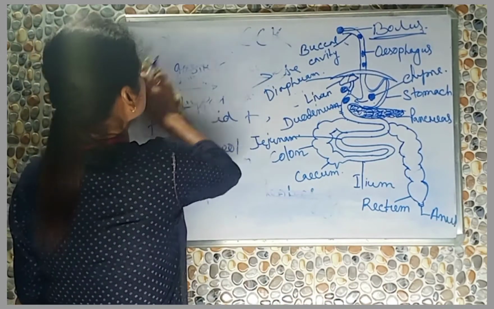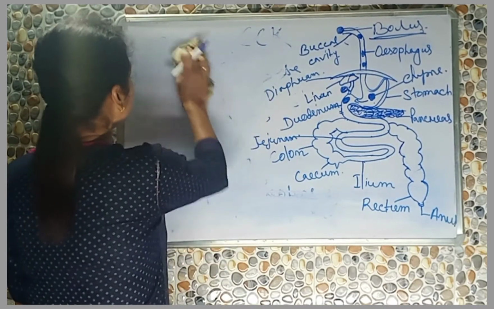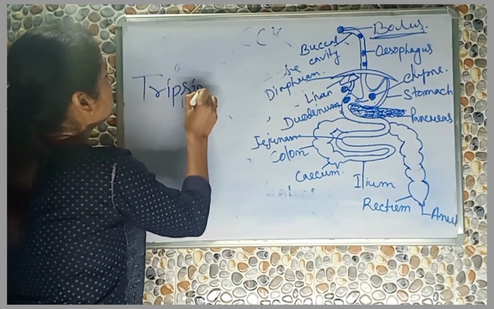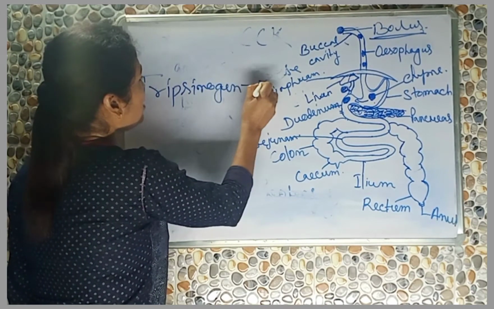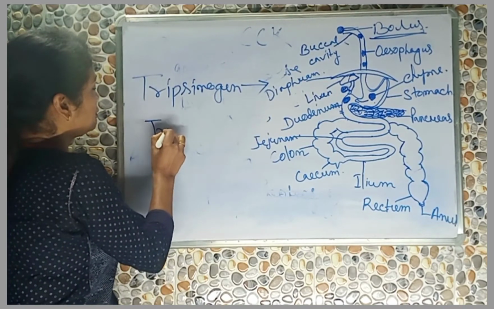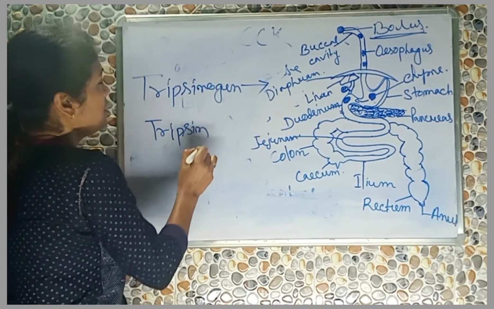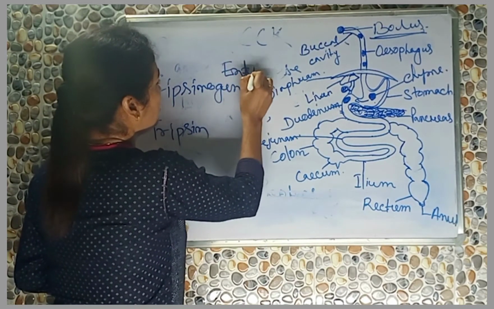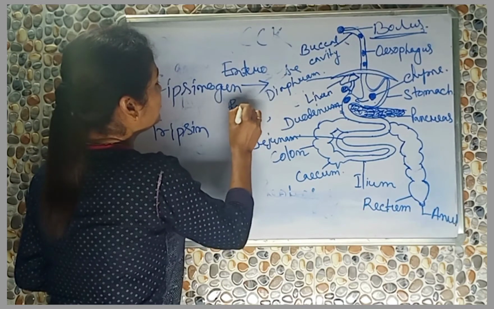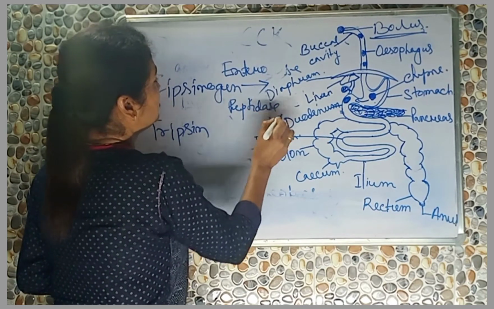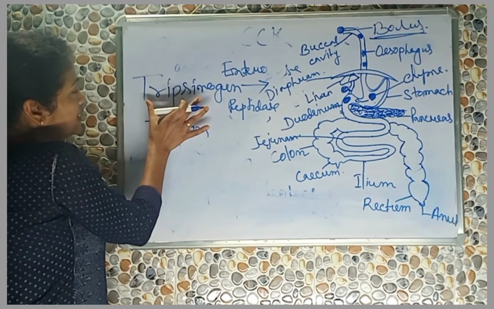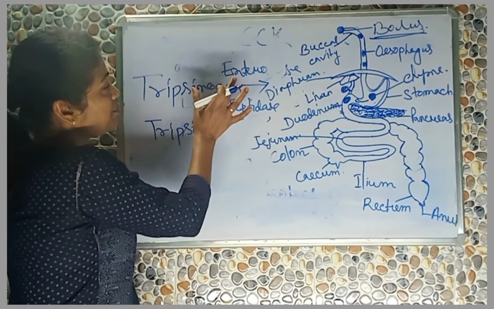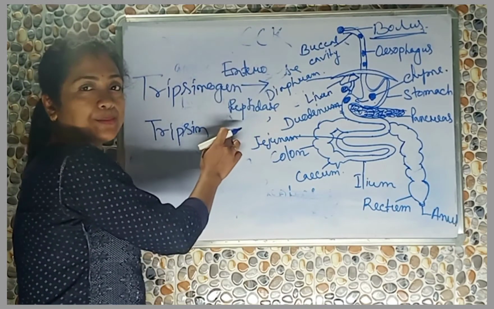So trypsinogen is converted into its active form, trypsin, in the presence of enteropeptidase. So the inactive form trypsinogen is converted into its active form trypsin in the presence of an enzyme enteropeptidase.